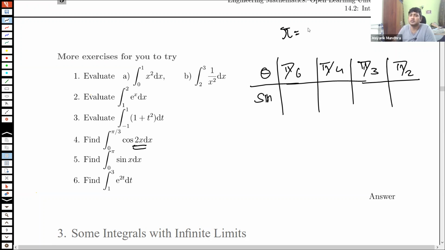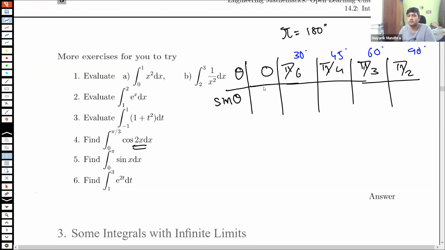Remember, pi is 180 degrees. So pi by 6 is basically 30 degrees, pi by 4 is 45 degrees, pi by 3 is 60 degrees, and pi by 2 is 90 degrees. The sine table also has one more entry, for 0. This is theta, this is sine theta. For 0, sine theta is 0, then 1 by 2, 1 by root 2, root 3 by 2, and 1.